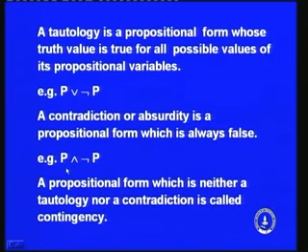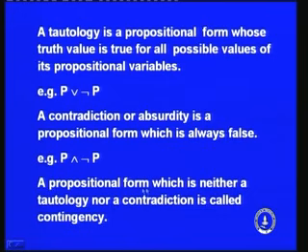It is not possible for P and not P to be both true, either one of them will be true. In any case, one of them will be true, the other will be false. The possibility is this is true, this is false, or this is false, this is true. In any case, this compound expression P and not P will always be false. Such an expression is called a contradiction.